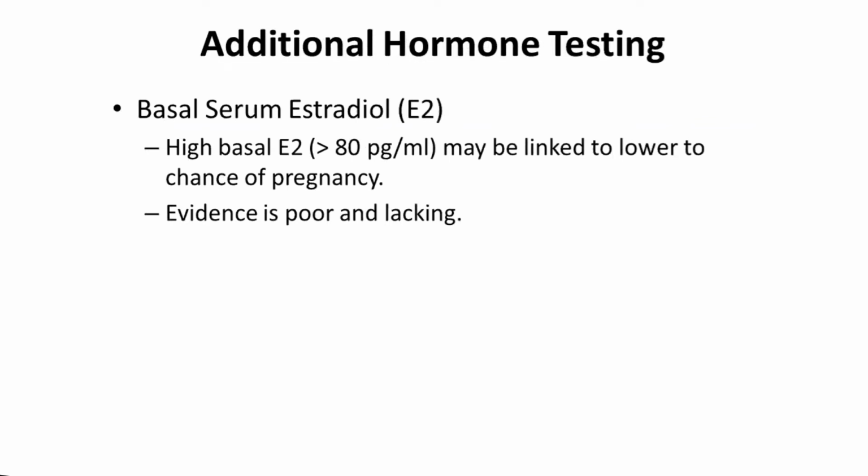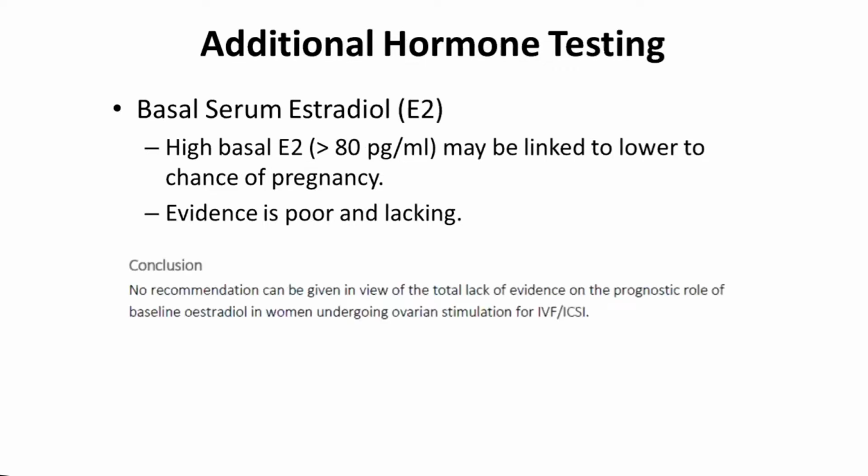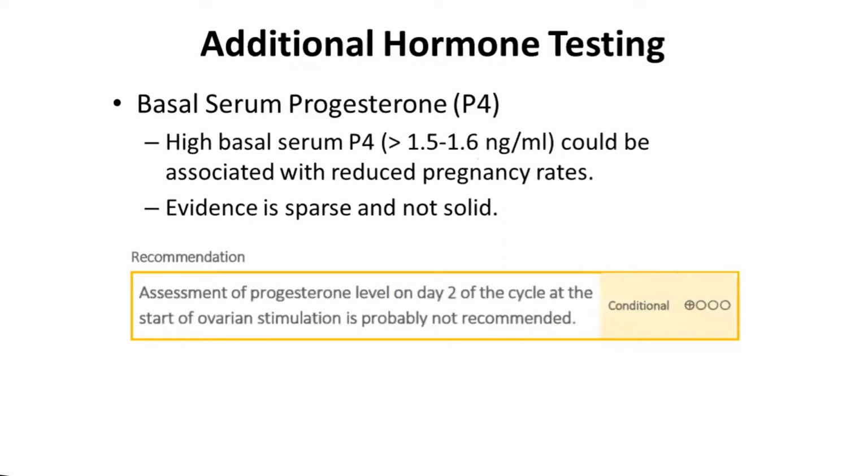Serum estradiol, as I told you, is not a reliable test for prediction of ovarian response. Serum progesterone: there is some research that states that when the serum progesterone basally exceeds 1.5 or 1.6 nanogram per milliliter at the onset of stimulation, this predicts reduced pregnancy rates.